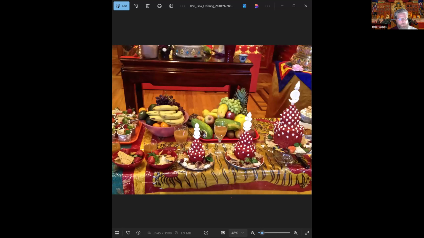This is an example of a soak or sort of feast blessing. So the most important thing as far as consumption, it's a blessing. The food is blessed and it's meant to purify the negativity or any sort of broken samayas and so forth that one has accumulated.